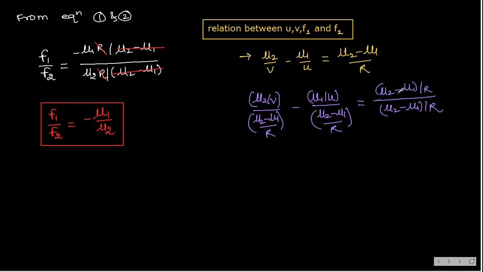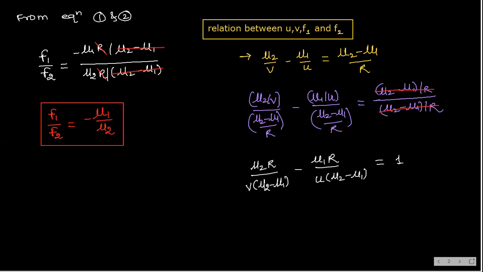So this term will get cancelled, right? Now see, this r will come up and this v will come down. So this is mu2 r divided by v into mu2 minus mu1, minus mu1 r divided by u into mu2 minus mu1, is equal to 1.